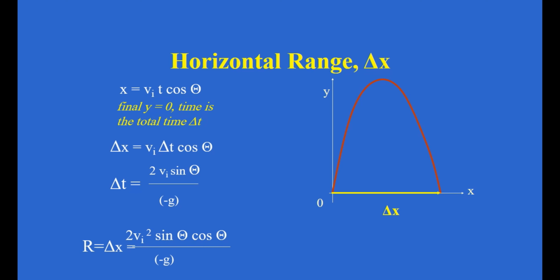Then R equals delta x equals 2 v initial squared sine theta cosine theta over minus g. And that means delta x equals v initial squared sine 2 theta over minus g.